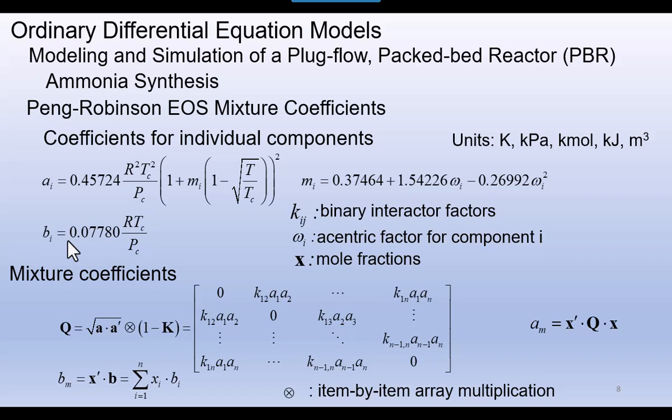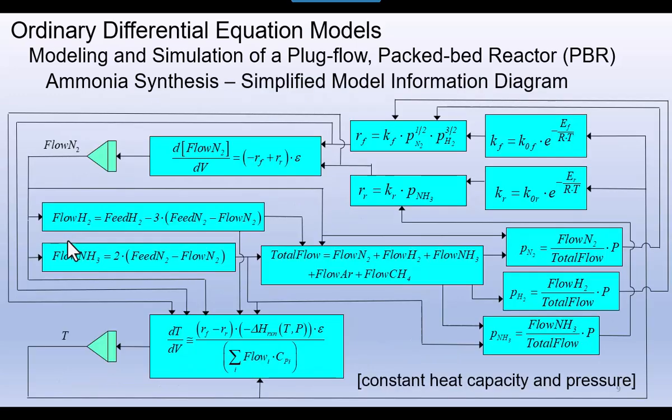And then after we've done that, we'll move on to what we call a full model that includes all of the elements that we have described here. So let's move on and take a look at an information flow diagram for the simplified model. And it's not too bad. We've got our main differential equation for the flow of nitrogen here.